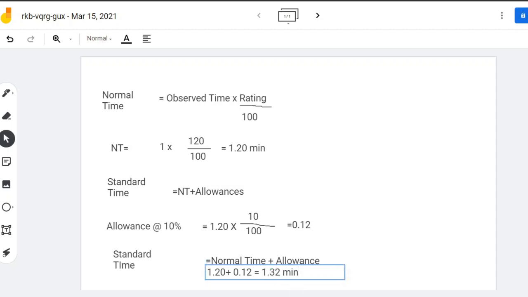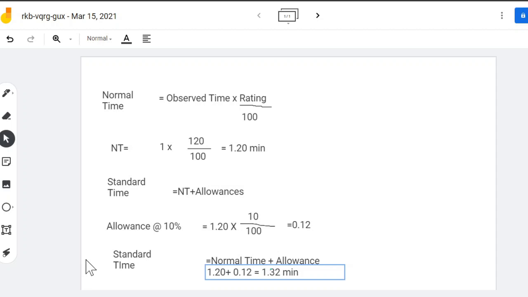His observed time was 1 minute, and now the standard time is 1.32 minutes, including the allowances given by the company. Understood?